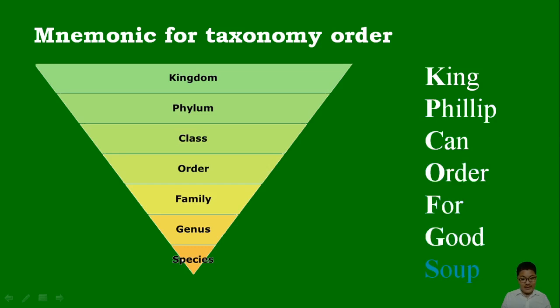King here stands for kingdom, Philip for phylum, can for class, order for order, for family, good for genus, soup for species. So this is a mnemonic device for remembering the order of the hierarchy of taxonomical categories for classification of living organisms.